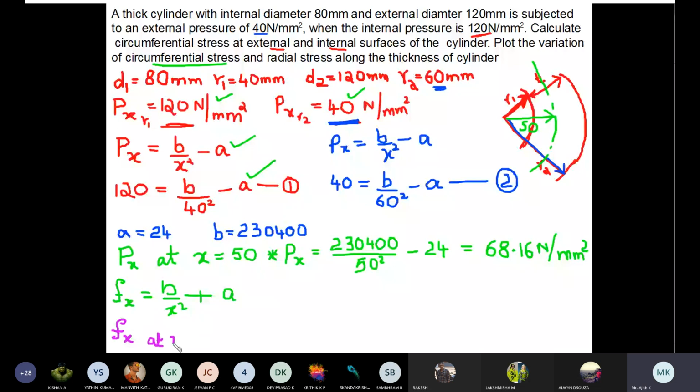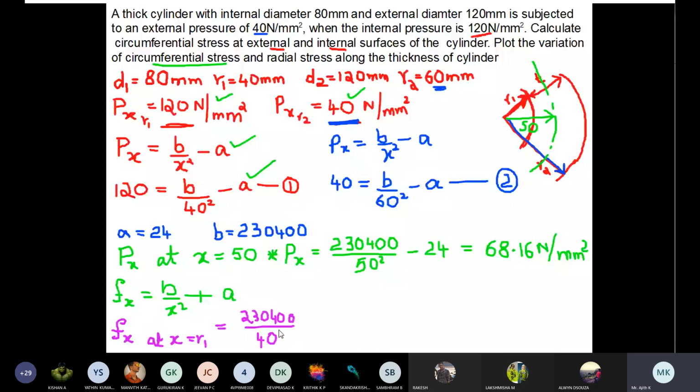So this is equal to the value of b, 230.4 into 10 to the power 3, divided by x square, where x is r1, which is 40, square, plus a, which is 24.